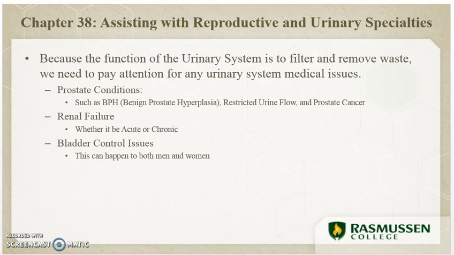Prostate conditions have something we have to focus on, which is BPH, or benign prostatic hyperplasia. This is an enlargement of the prostate gland that may occur after age 50 for men. It restricts urine flow and can result in urinary retention, interruption of the flow of stream, or difficulty starting to urinate.